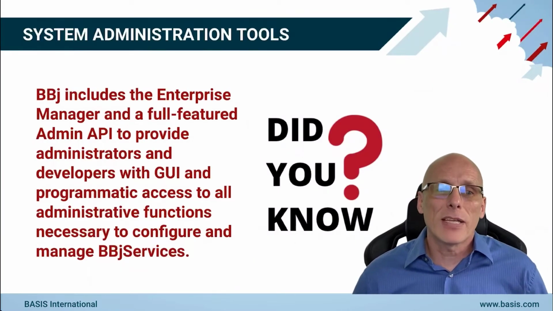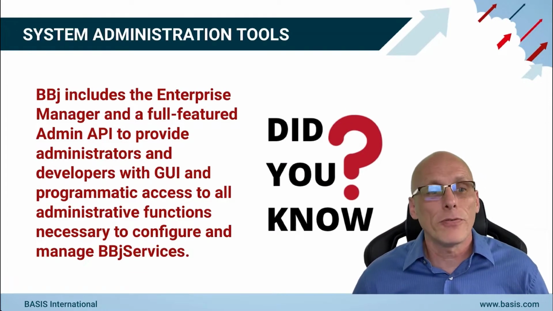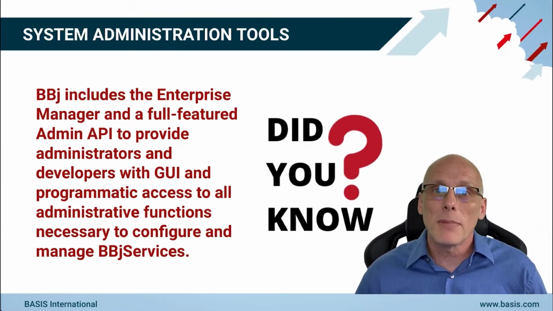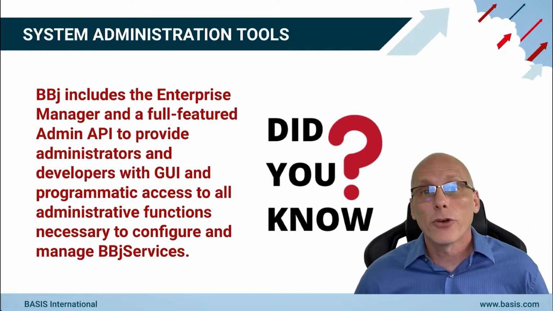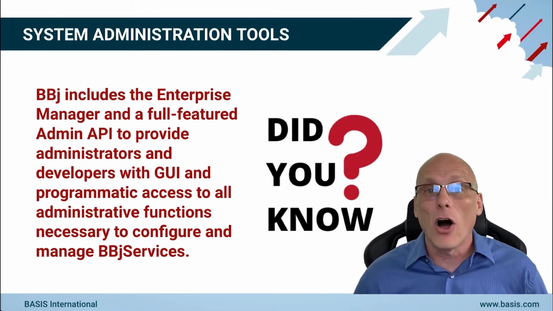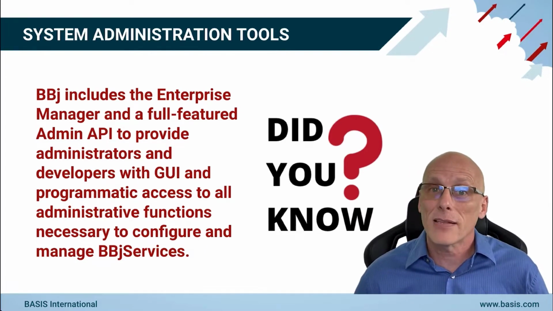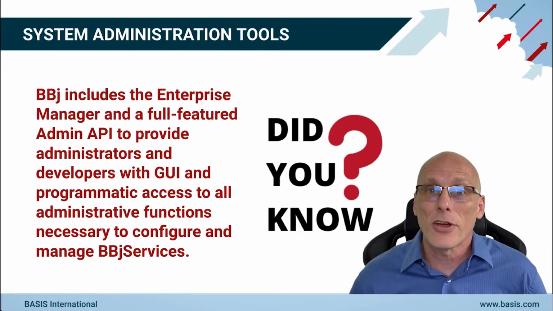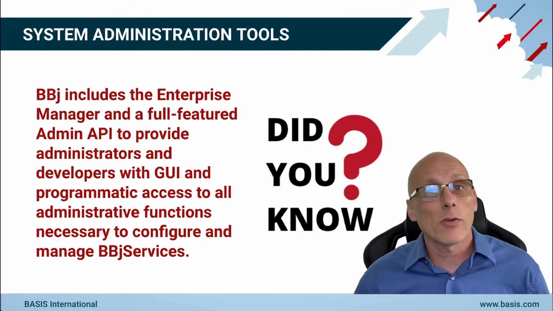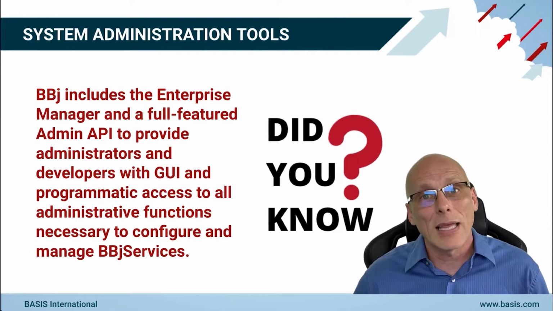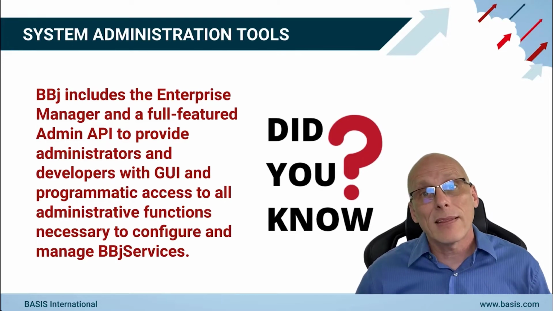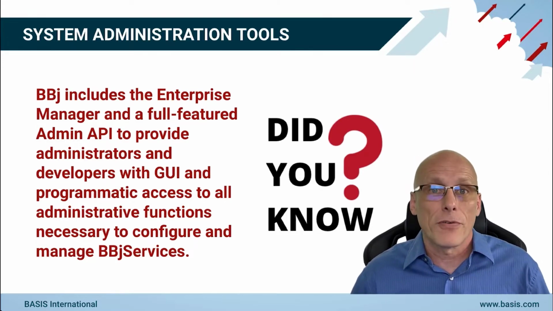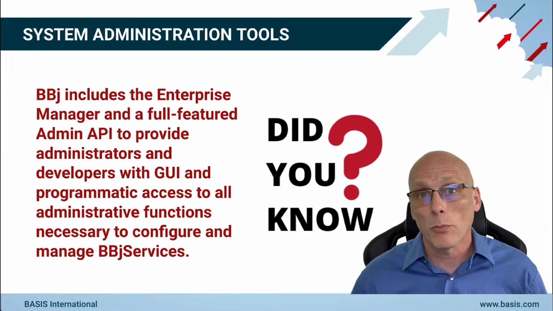So BBJ includes the Enterprise Manager as well as a full-featured Admin API to provide administrators and developers with GUI and programmatic access to all of the administrative functions necessary to configure and manage your BBJ services. One of the exciting things with the Admin API that I wanted to highlight before we go any further is that the Admin API provides all of the functionality that you see in the Enterprise Manager.